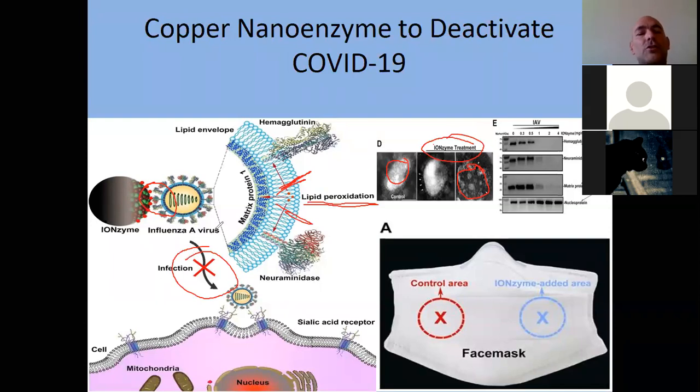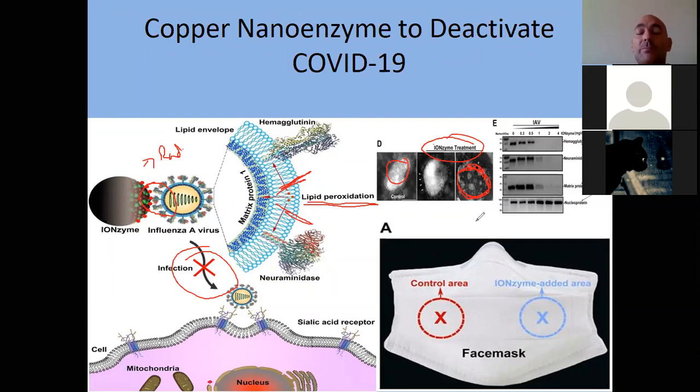So not only have they shown that this nanoenzyme can actually break the surface membrane of this virus, they have shown that when this happens, there is a production of radical species.